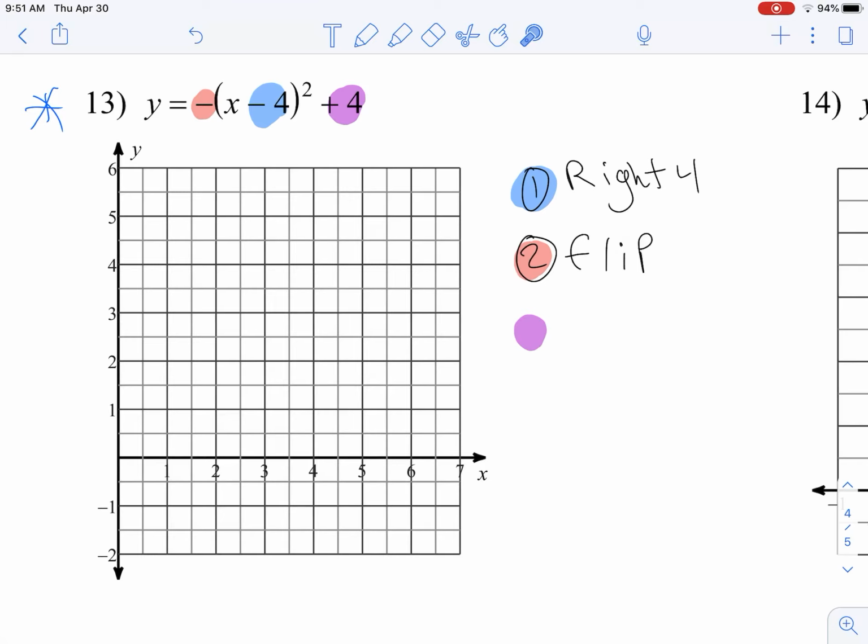And as I'm looking at this, this is part of that critical thinking kind of thing. I did talk about how I wanted to move the points, but now that I'm looking at my graph, I'm seeing my parent function. I don't have the right graph to put my parent function, right?